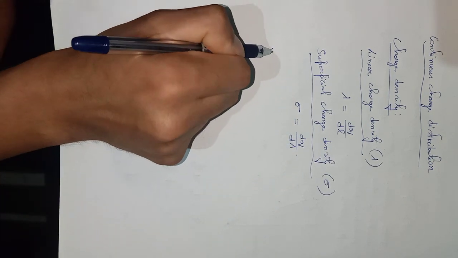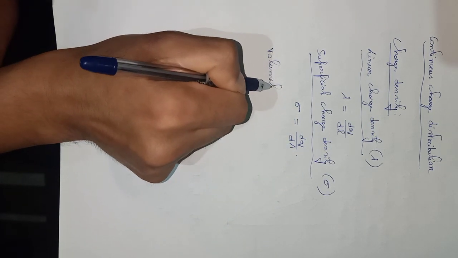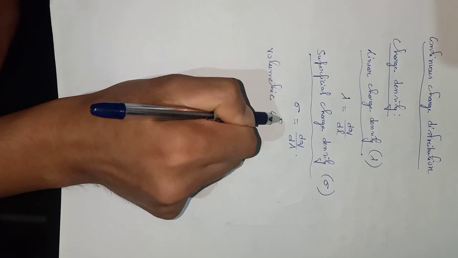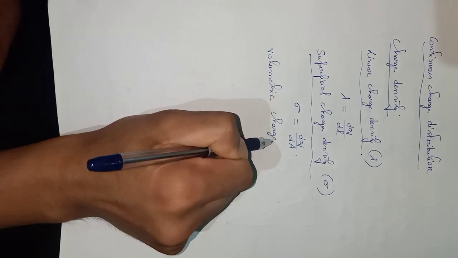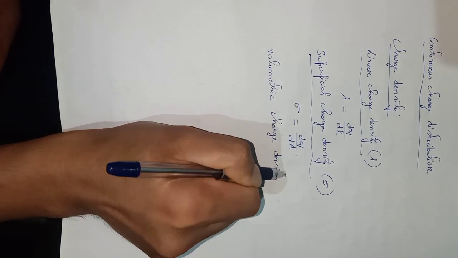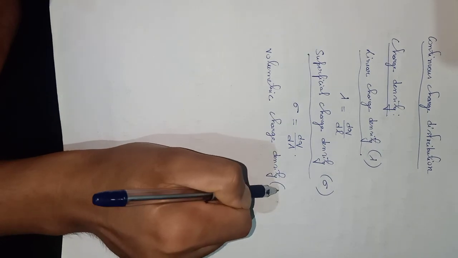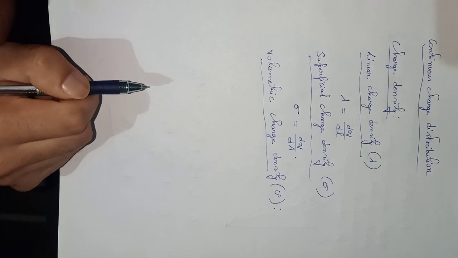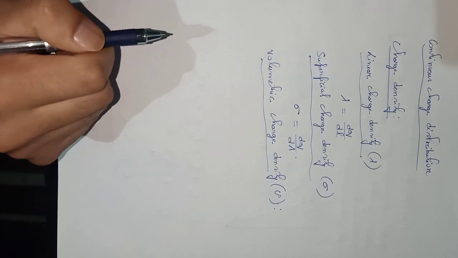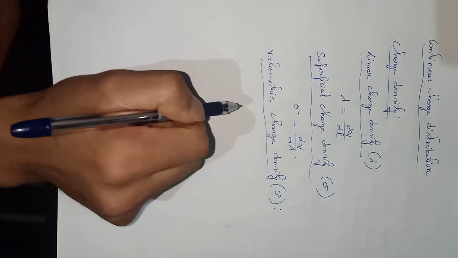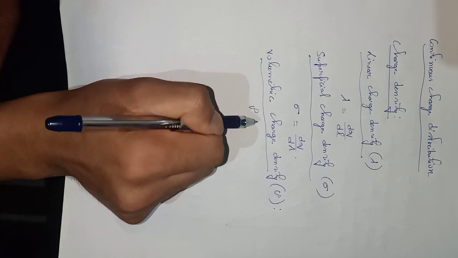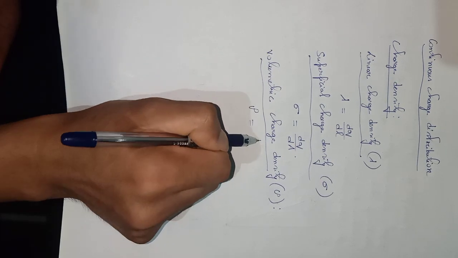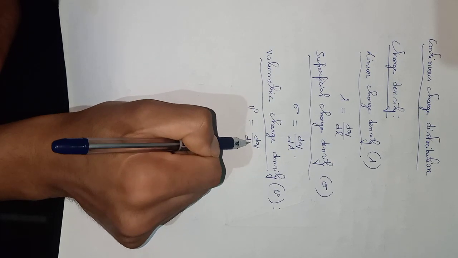And the third one, volumetric charge density, denoted by rho, is charge per unit volume, so rho is given by dq by dV.